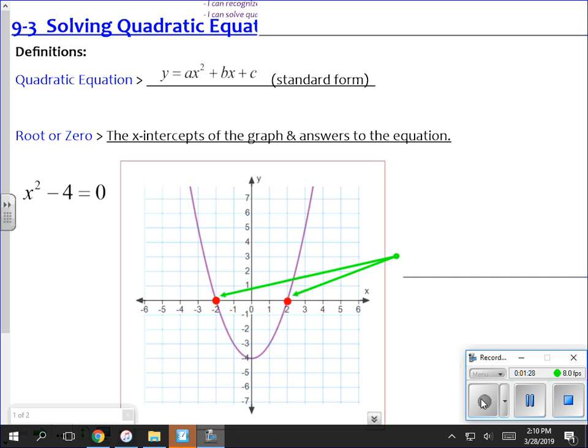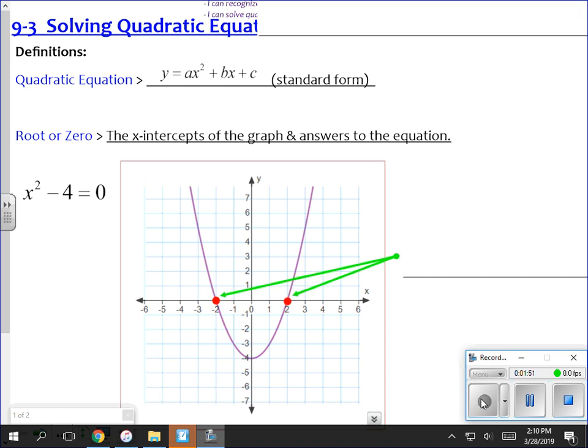Okay, finding the solutions. Now, graphically speaking, I have a graph. My zeros are where the graph crosses the x-axis. They're also what makes the equation 0, or the solution of the equation. So, for example, I have x squared minus 4 equals 0.